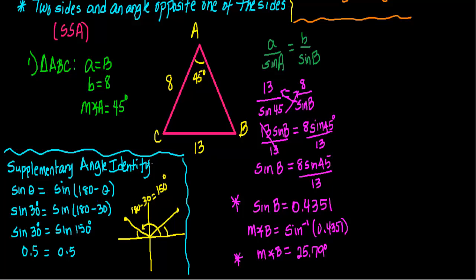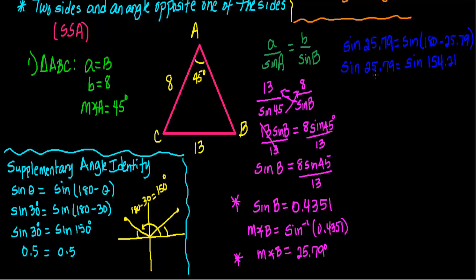Using this identity, I can say that the sine of 25.79 is equal to the sine of 180 minus 25.79, which will give you 154.21.